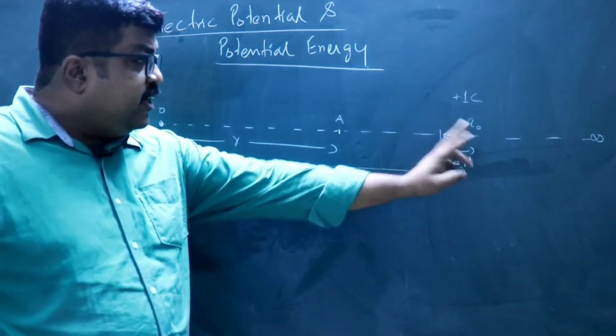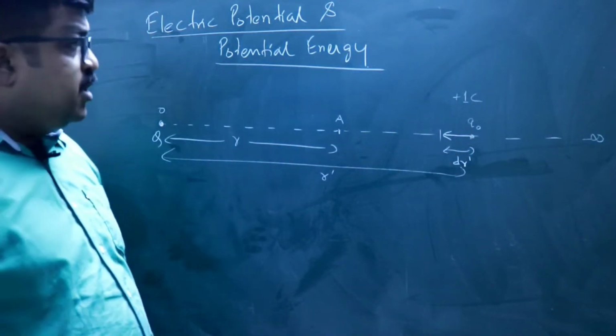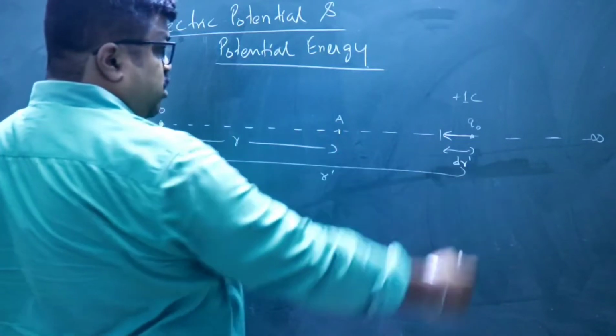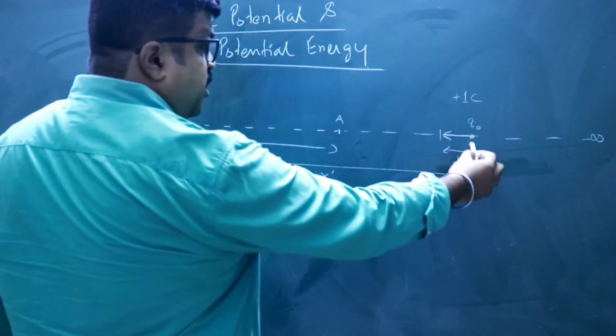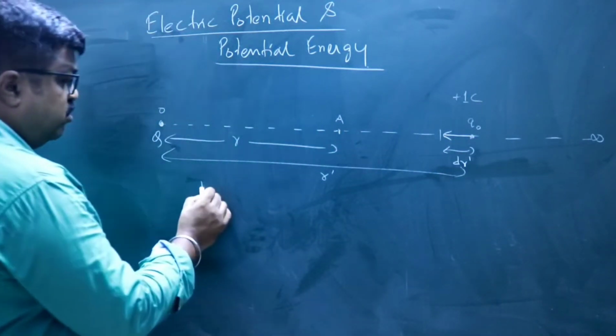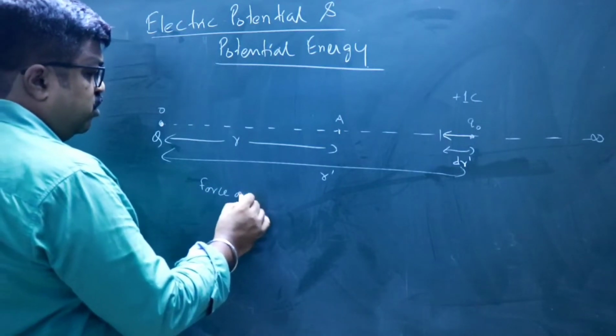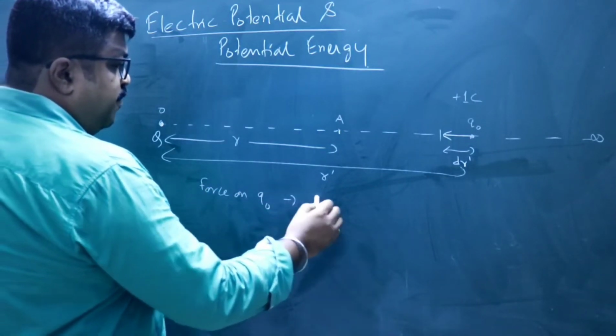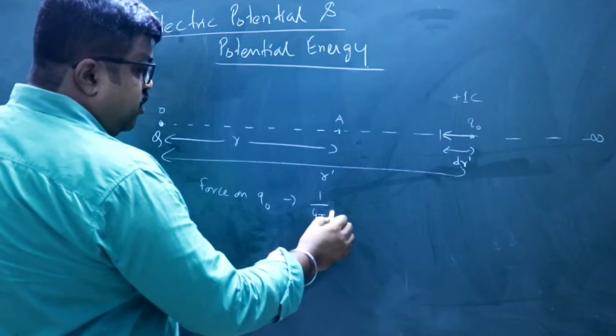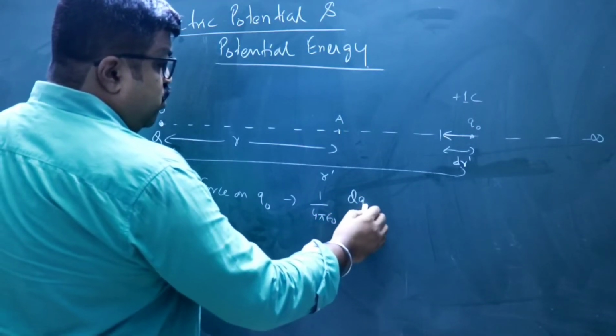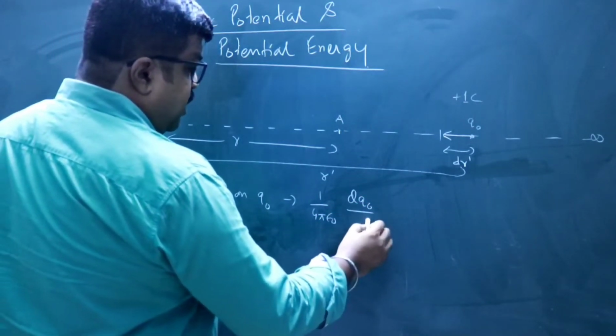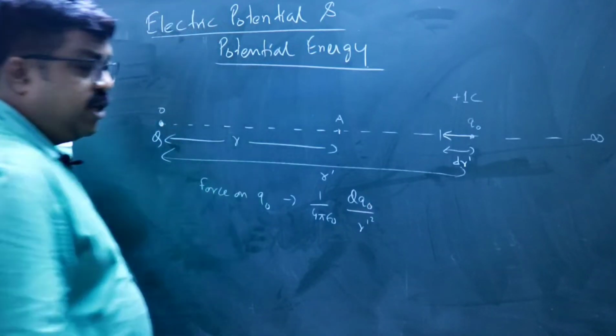When it is at distance r prime, the force on charge Q naught will be 1 by 4 pi epsilon naught, Q Q naught by r prime square.